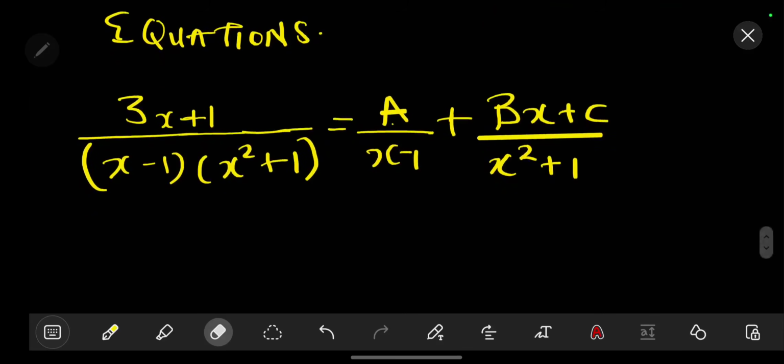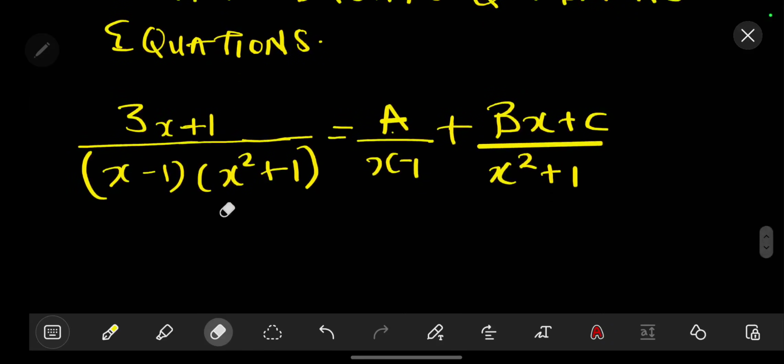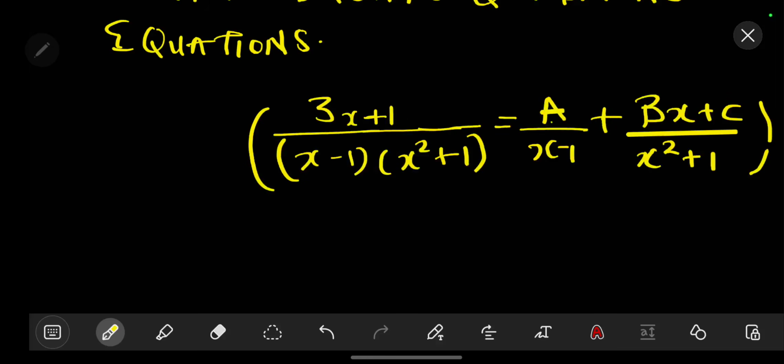After doing that, we are now going to follow the procedure that we have been looking at. We are going to multiply by our denominator, which is x minus 1 times x squared plus 1. When you multiply, this cancels with this, and that cancels with that.